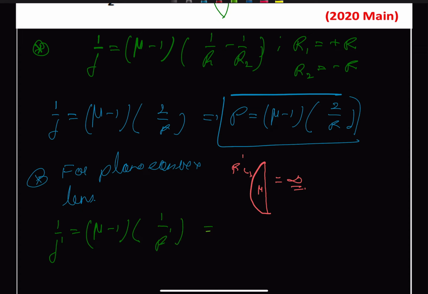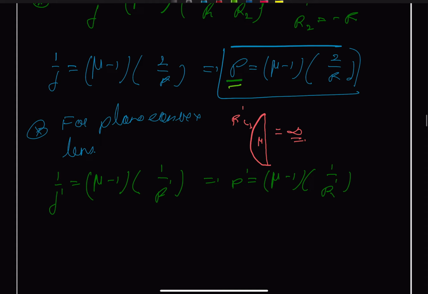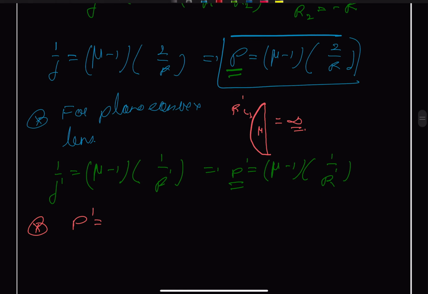And here let us suppose the power is P prime, which will be equal to (mu minus 1) times 1 upon R prime. And the relationship between this P and P prime is given to us. So we can say that P prime is equal to 1.5 times P, or we can say this will be 3 by 2 multiplied by P, and P is (mu minus 1) times 2 upon R.